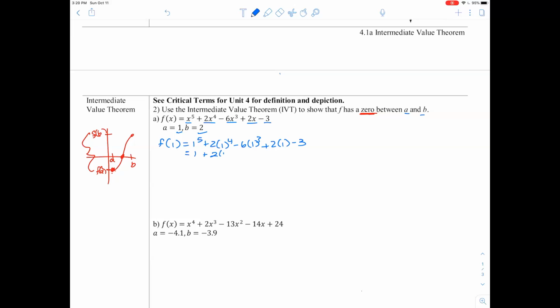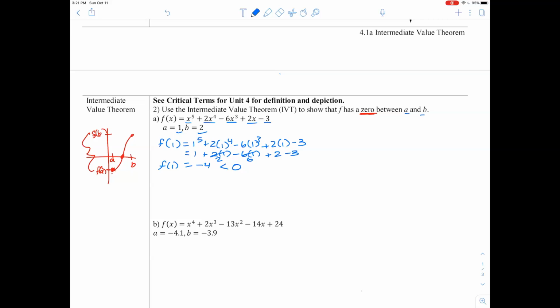Plus 2 times 1 minus 6 times 1 plus 2 times 1, which is 2, minus 3. So we know that's 2 and that's 6. So if we were to add all of that together, 1 plus 2 is 3, minus 6 is negative 3, plus 2 is negative 1, minus 3 is negative 4. So the f of 1 is negative 4, and negative 4 is less than 0.